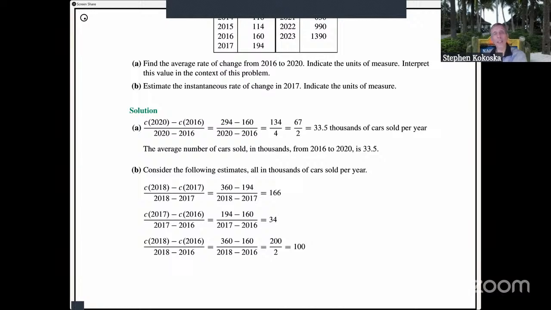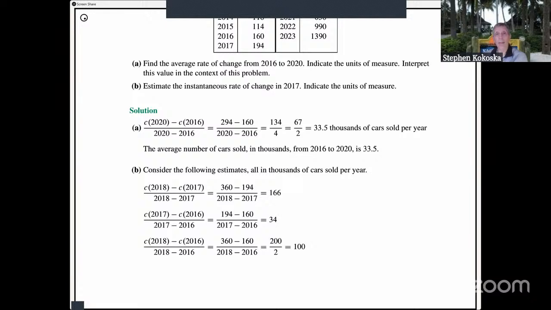How do we know which is best? Or is there a better one? That's a good challenge question. Here's another way we might get an estimate of the instantaneous rate of change at 2017. Many texts suggest this. Go 1 to the right, go 1 to the left.